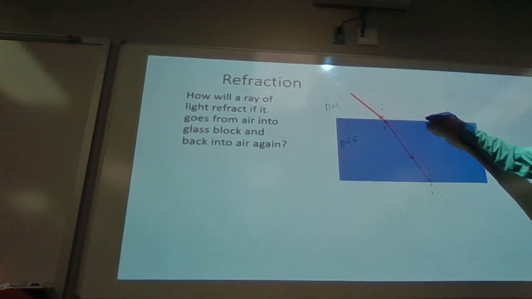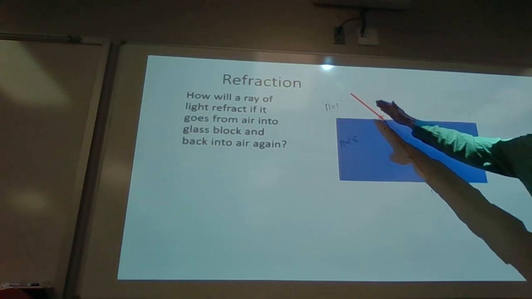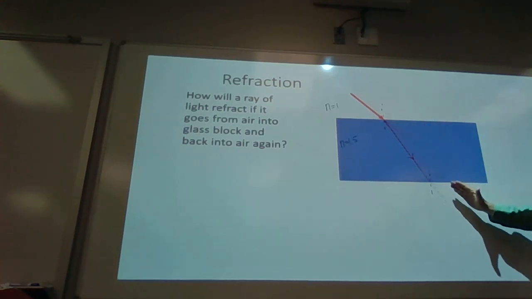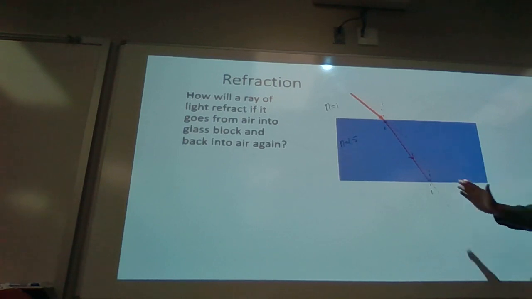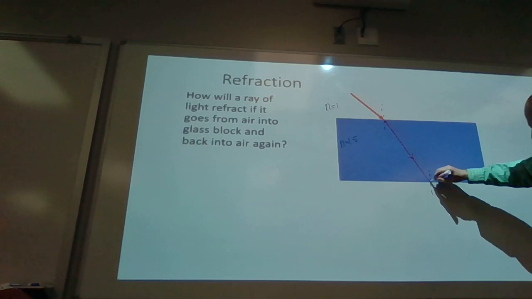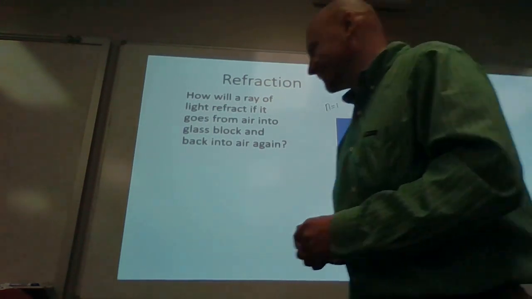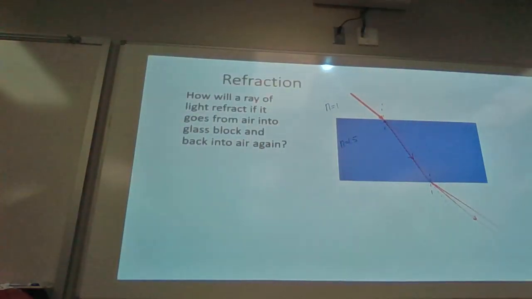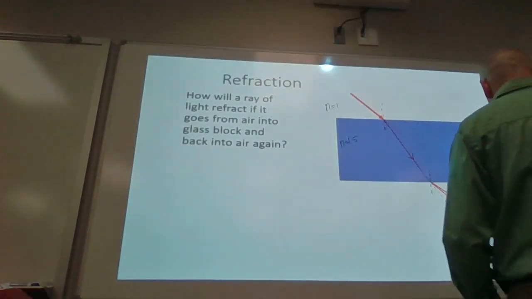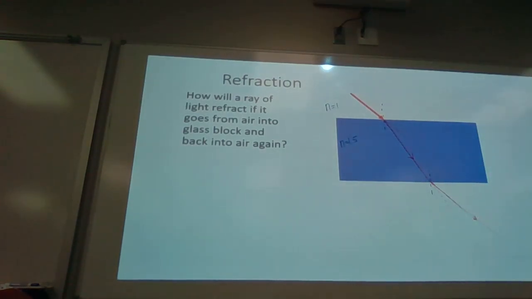If this surface is parallel to this surface, this ray is going to end up being parallel to this ray. So when it bends back away from the normal line, you guys already know that. Everybody good with that?